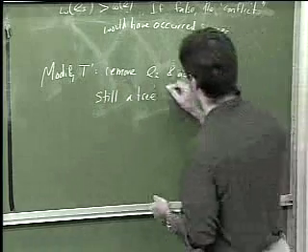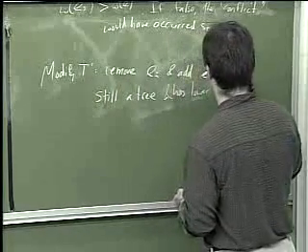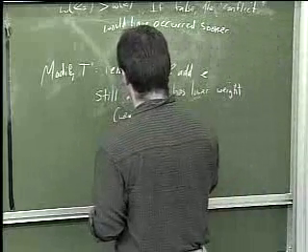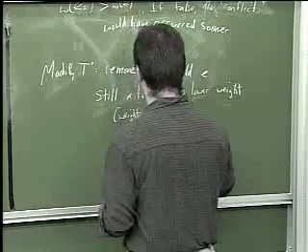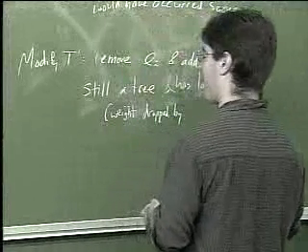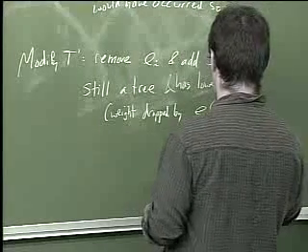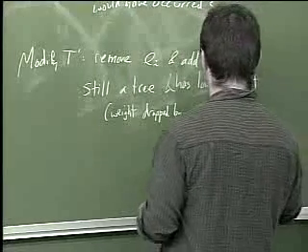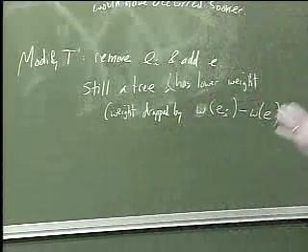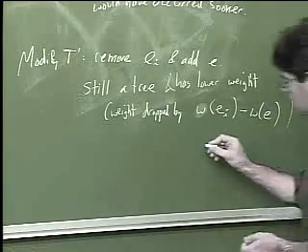Okay, and it has lower weight. The weight dropped by W of E sub I minus W of E. That's how much the weight dropped by. And that's contradicting.